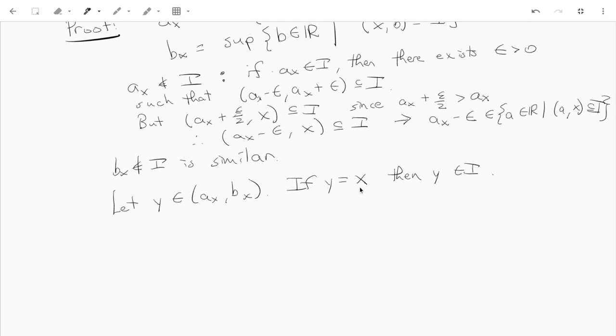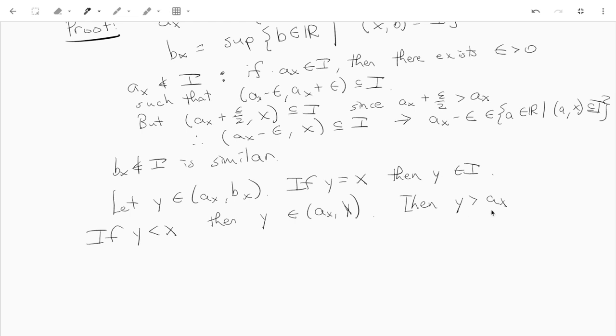So we know that if y is equal to x, then y is in I. The other cases are that y is less than x or y is greater than x. So if y is less than x, then y is in the interval from ax to x, and so y is greater than ax.